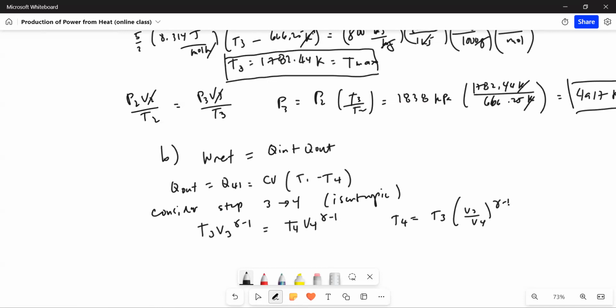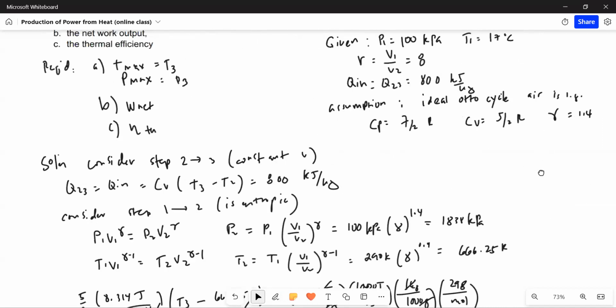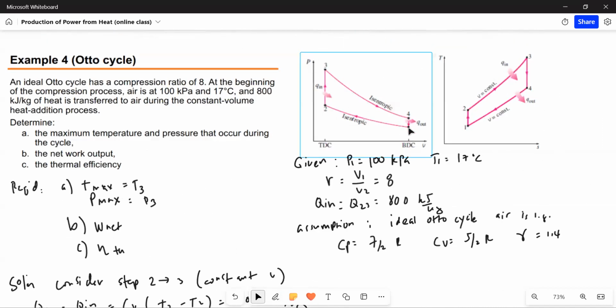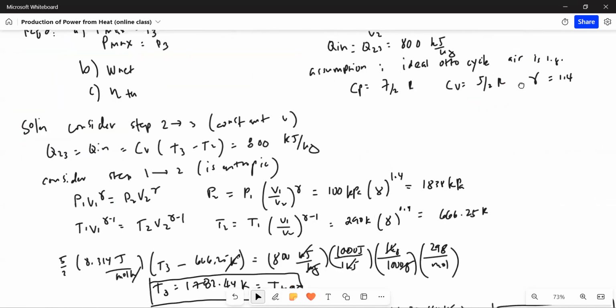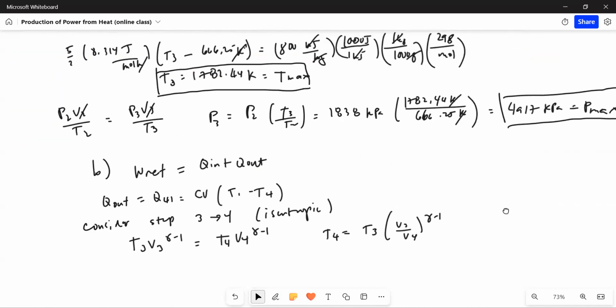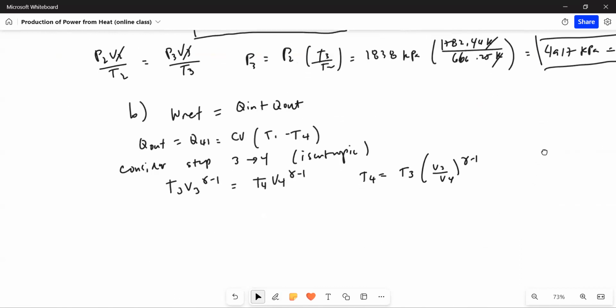Do we know V3 and V4? So far, we don't know V3 and V4. But V3 is simply equal to V2, since this is an isochoric process. And V4 is simply equal to V1. And we know that ratio, which is our compression ratio.